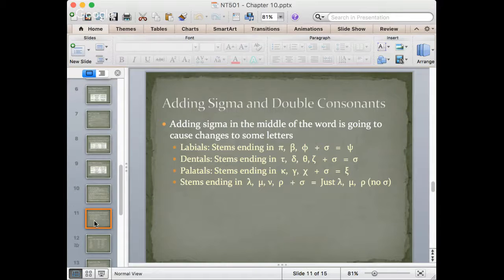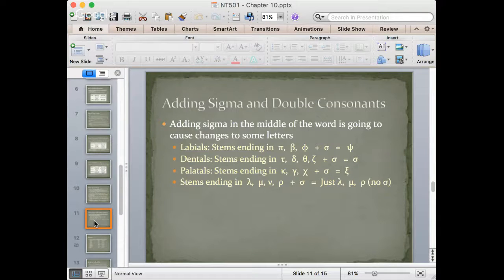With dentals, when you have a tau, a delta, a theta, or a zeta, which is basically all of the letters where you put your tongue behind your teeth to say them, when you add a sigma to that, they all become sigma, so they drop out.